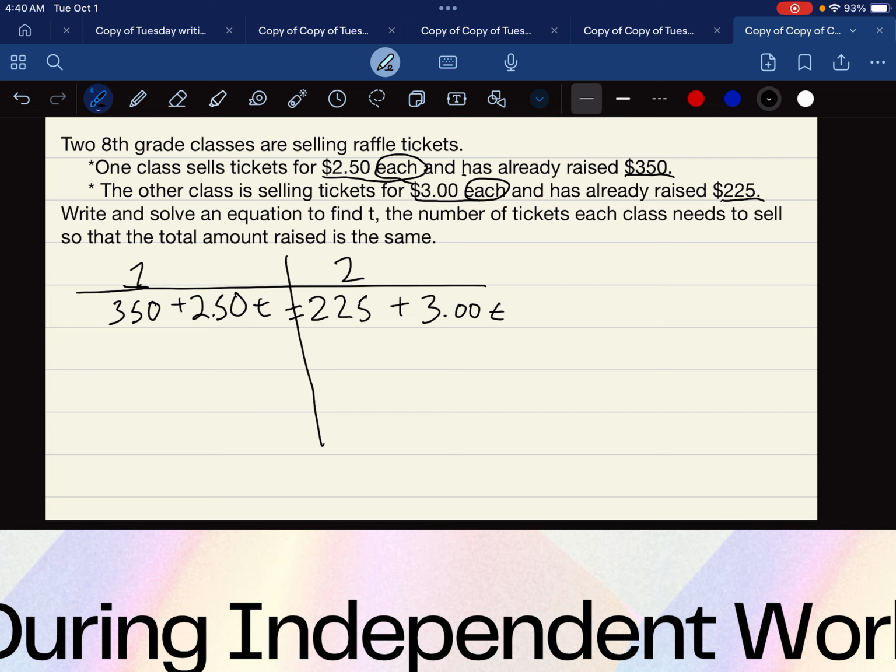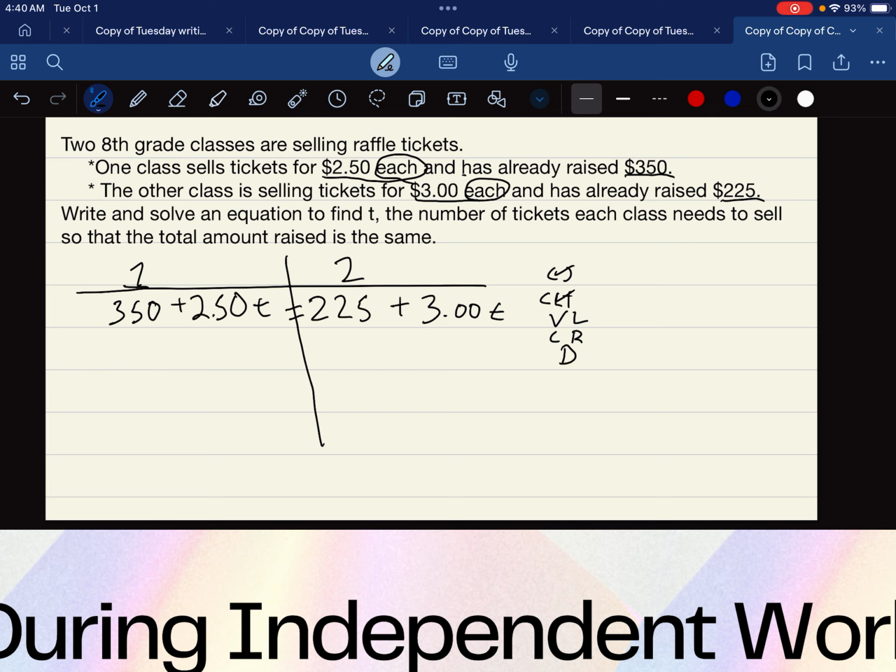All right, and now we want to solve this. So, there's no parentheses. There's no like terms on either side to combine. And we've got variables. Yep, we need to move them left. We got constants to move right. And we probably are going to end up dividing.